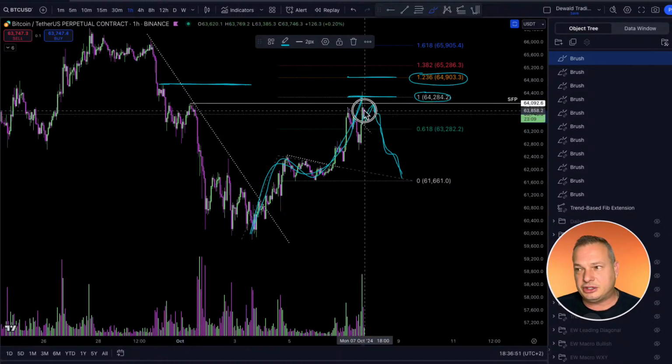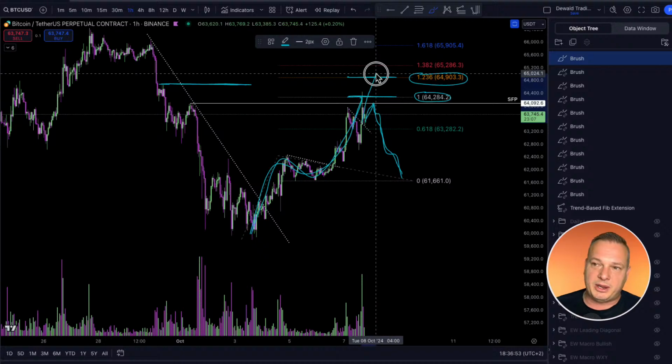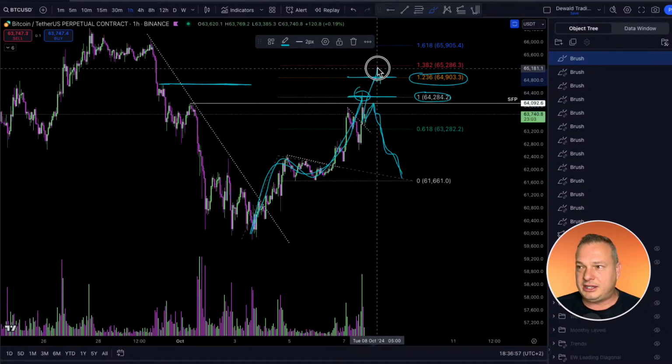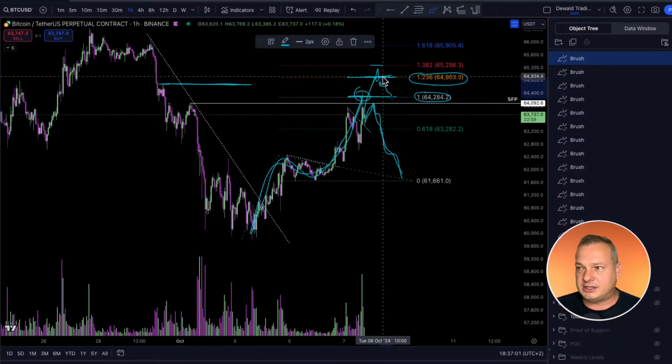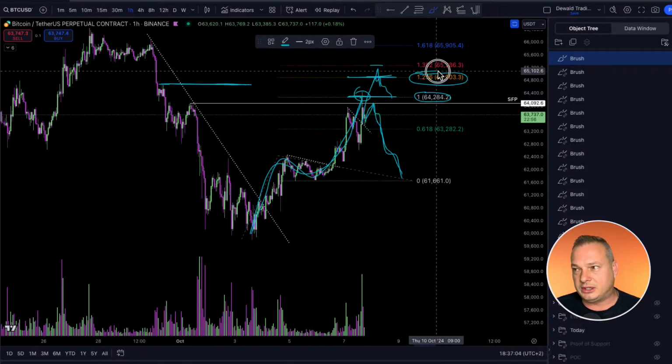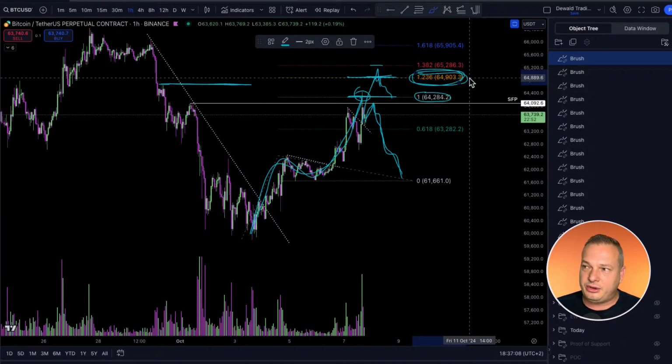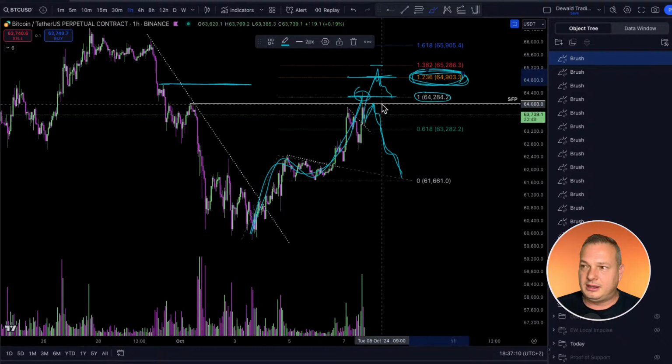If price decides just to give a little punchy punch here to the upside and it gets weakness like it did over here, you see that wick left behind, you enter, stop above the high, price falls down here, I will definitely consider a short here by the 1.236, because this is also a 3-wave structure target.